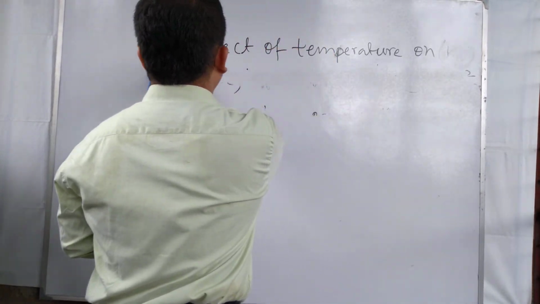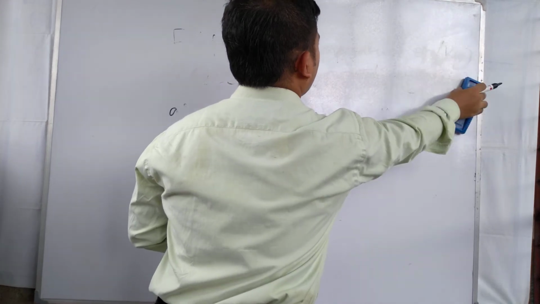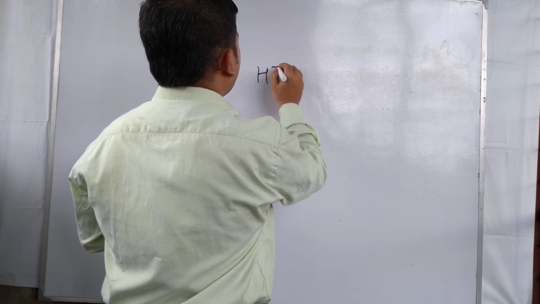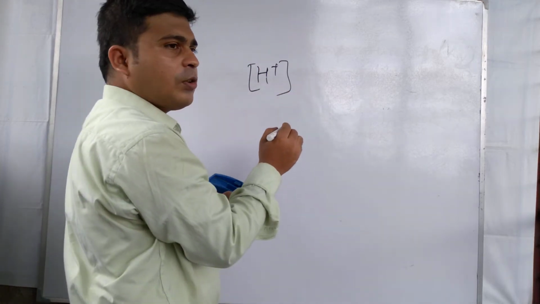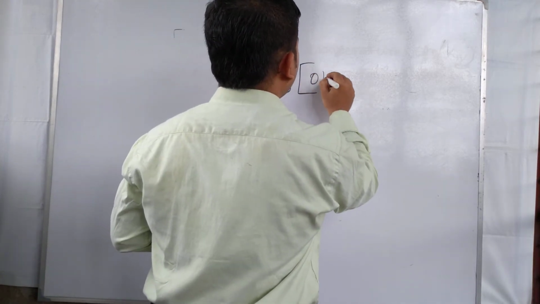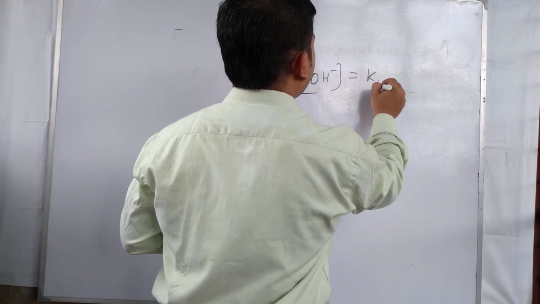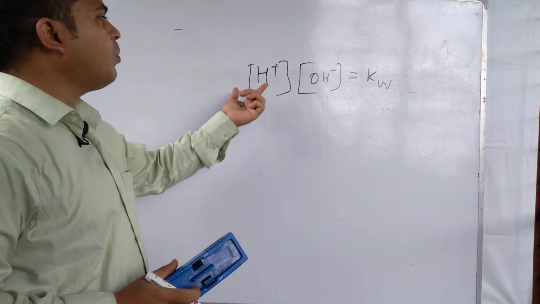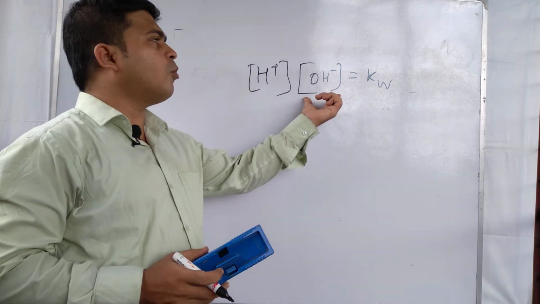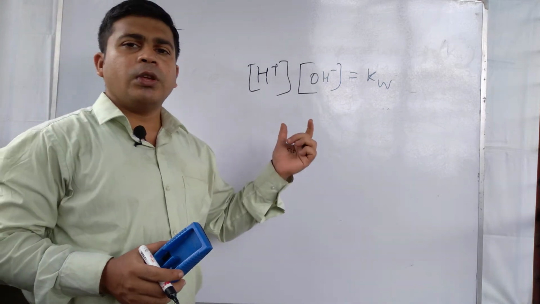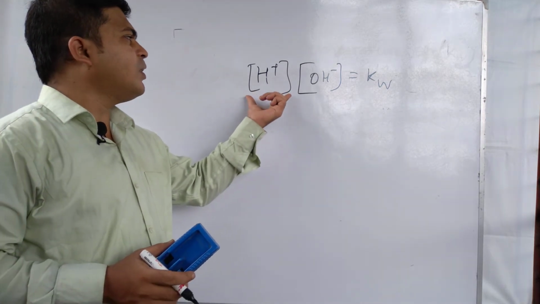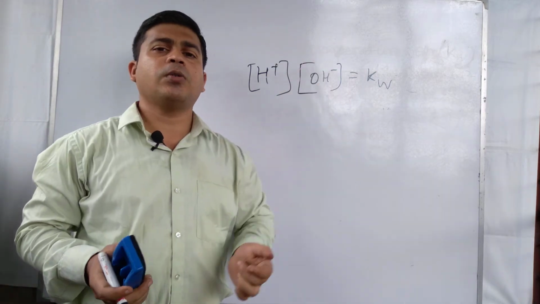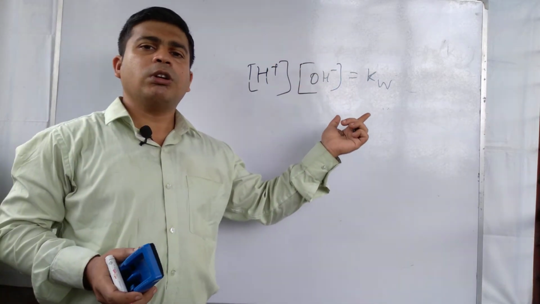Another important way to think about the effect of temperature is that the molar concentration of H+ times the molar concentration of OH- equals Kw. So Kw is the product of the concentration of H+ ion and the concentration of OH- ion. If the concentration of H+ ion or OH- ion, or both, increases, the product increases.